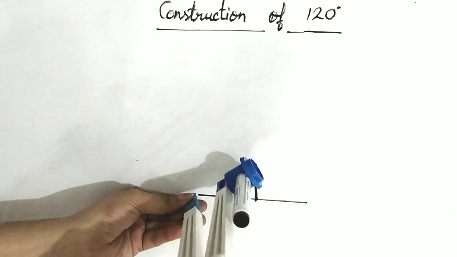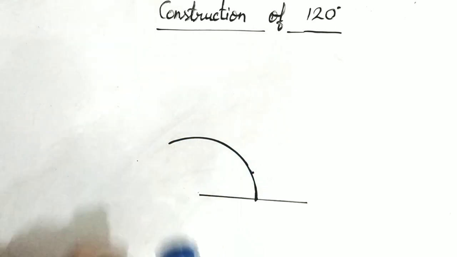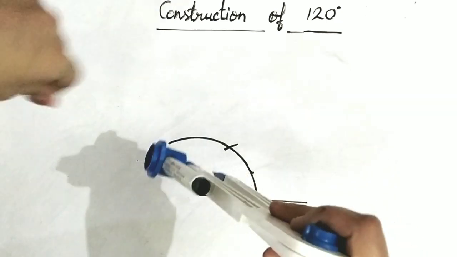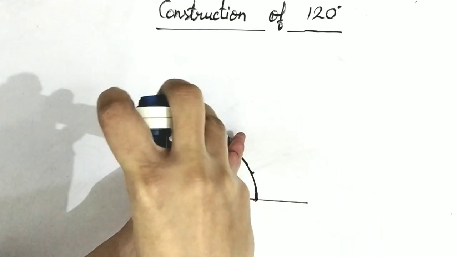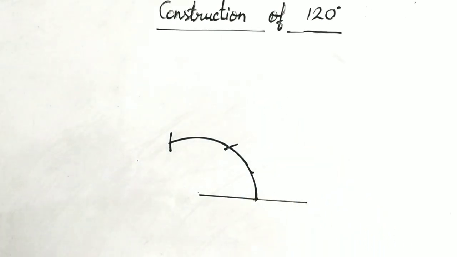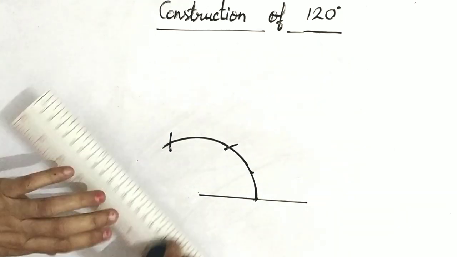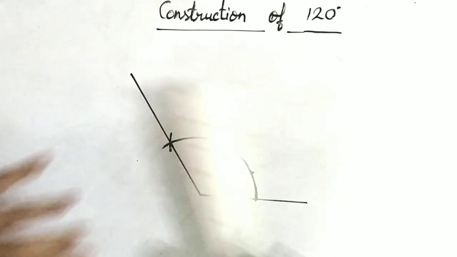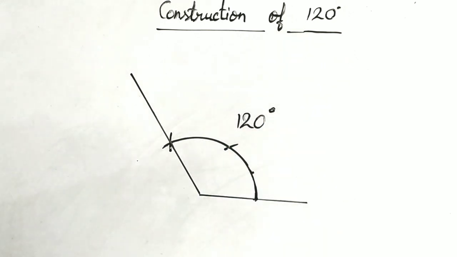Draw an arc, which we have done in the 60 degree angle also. Same arc we will draw here. Now put the needle here and make a small arc 2 times, and in this duration we will not change the radius. Here we have 2 cuts. The second cut is representing 120, so we will join it with the initial point of the baseline. Now this is the required angle 120.